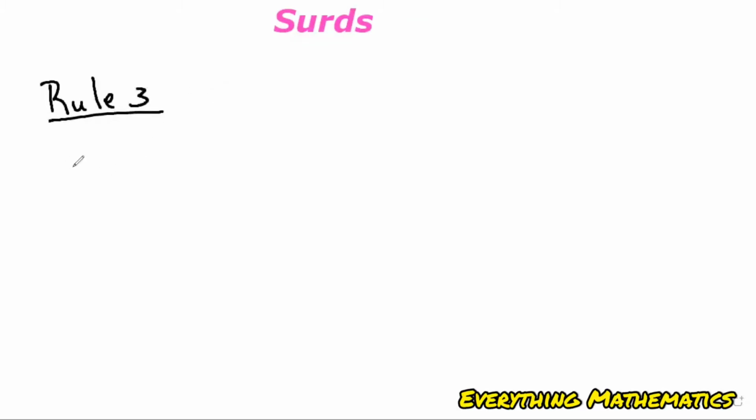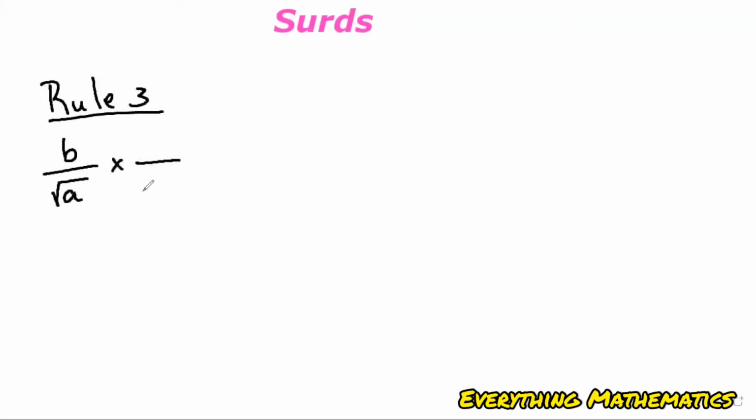So Rule 3 algebraically states this. If we have b over, let's say, root a, as I said yesterday, when dealing with surds, we cannot have a square root at the bottom. So what do we do to get rid of the square root? We multiply by whatever is under the denominator.